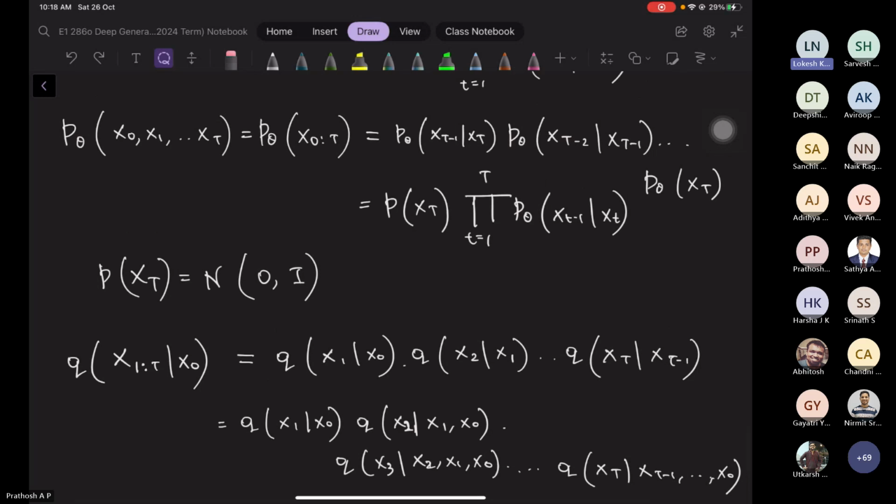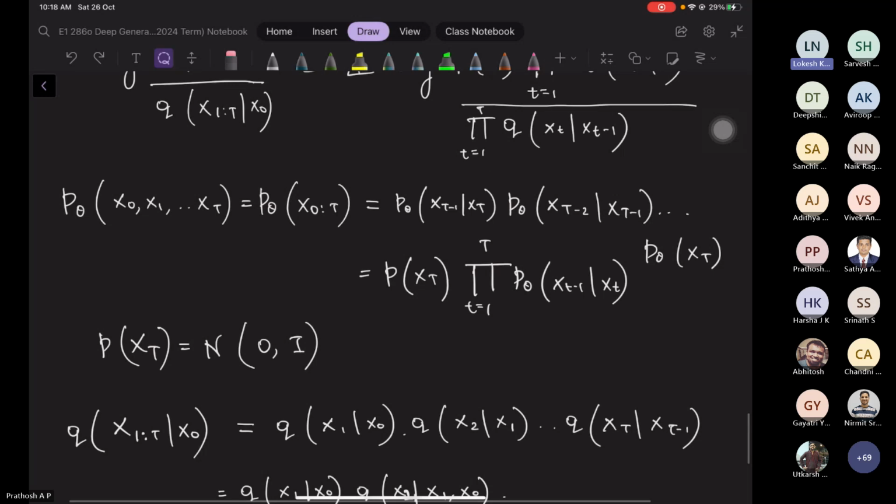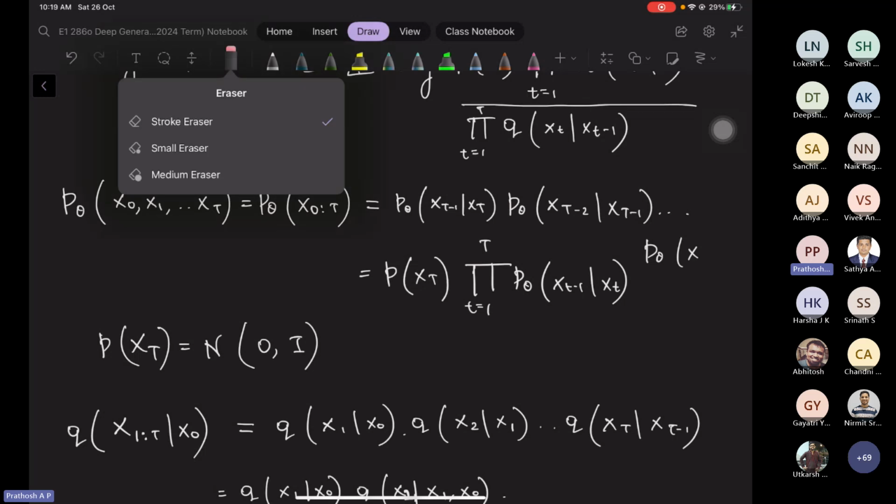Shouldn't it be going to x0 given x1? You had mentioned p theta of xt minus 1 given xt times p theta of xt minus 2 given xt minus 1, until p theta of x0 given x1, right? Here you have a p theta of xt term also at the outside. What you said is correct.